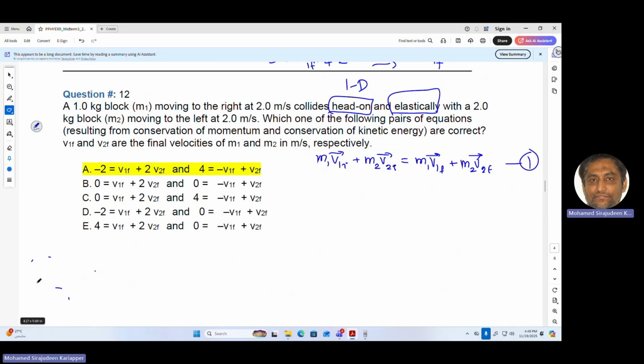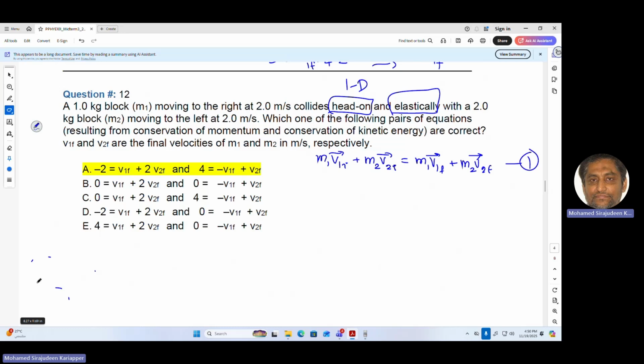The kinetic energy equation will be half m1 v1i squared plus the rest, but we don't like that equation. Why? Because it has square terms. When I try to solve them together as a set of equations, it is going to give us trouble, because linear equations are fine when nothing is to the power 2. If everything is to the power 1, this is good. So what we do is a trick.